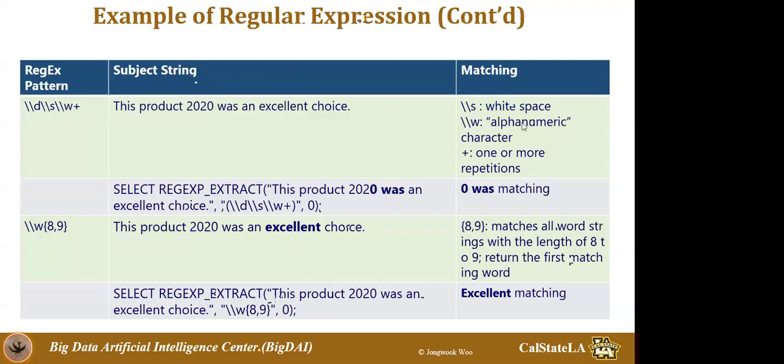Okay. So now I know this is for alphanumeric character. And then if you put the plus, that means one or more repetition. The plus is for the previous pattern, that is for backslash W. So any alphanumeric character that could occur one or more times.